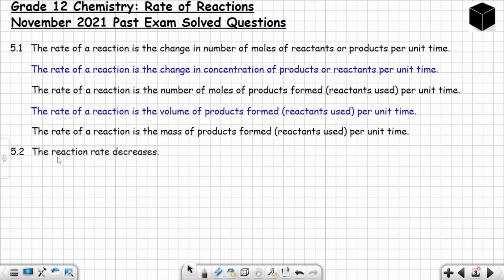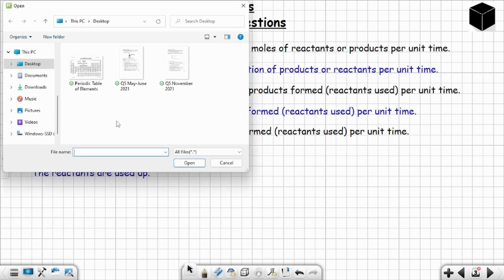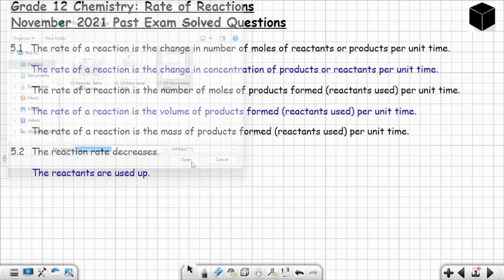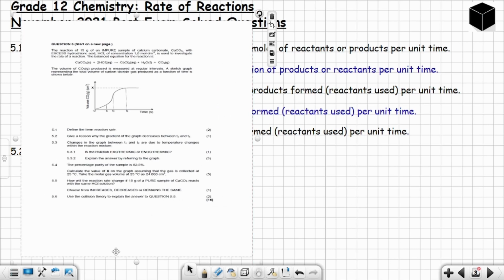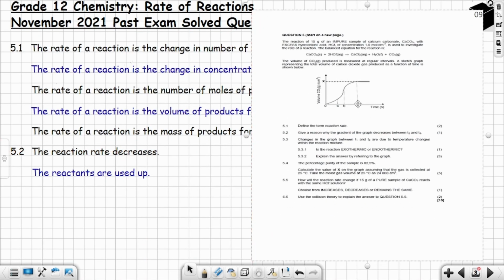So we can say the rate of reaction or the reaction rate is decreasing. Or you can say the reactants are used up. This is why the gradient of the graph is decreasing between T2 and T3. Let me show you on the graph what is happening here. From T2 to T3, you can see the reaction is coming to completion.